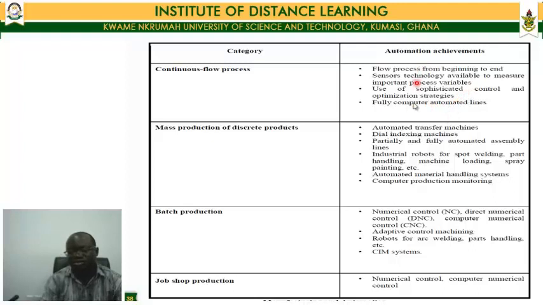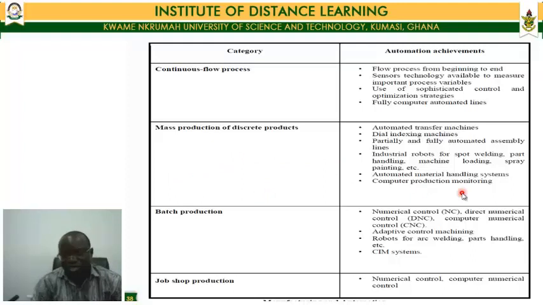And so there are several optimization strategies that they can use. Now, you can have a fully automated line, which is not attended at all, just a bunch of sensors controlling processes. Then you have mass production of discrete products.